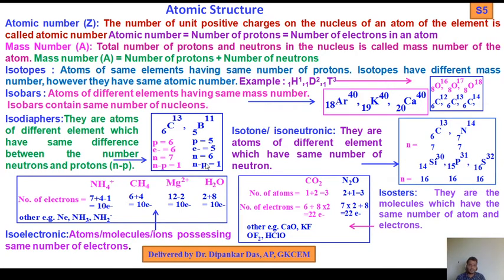So that is isodiaphers: atoms of different elements which have the same difference between the number of neutrons and protons. As I told you, carbon 13 6 and boron 11 5, where we have seen that n minus p, the difference of neutrons and protons, comes out equal.